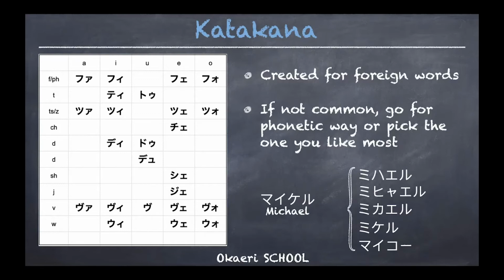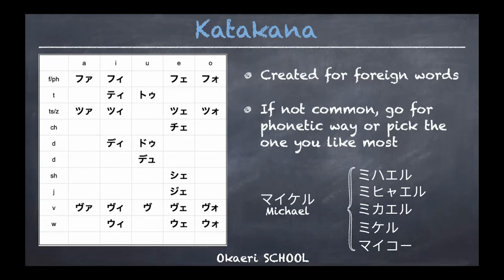Personally, I'll go for the phonetic way. So when your name is pronounced Mikel, I would write it Mikeru instead of Maikeru. But most Japanese people will recognize your name as Maikeru, as it's a very common name, as in Michael Jackson or some very popular celebrities.